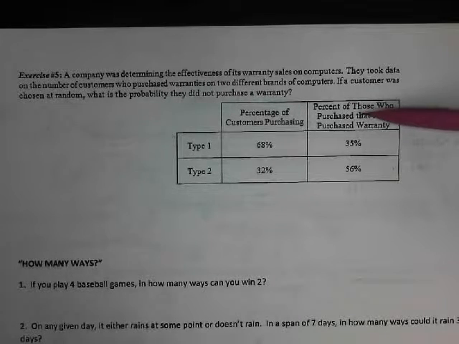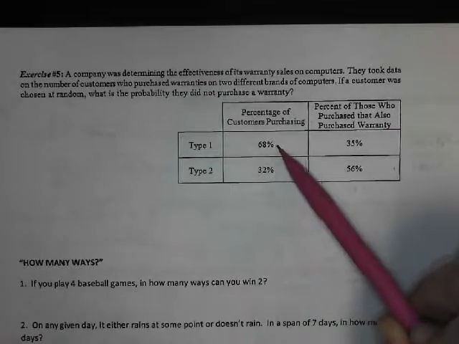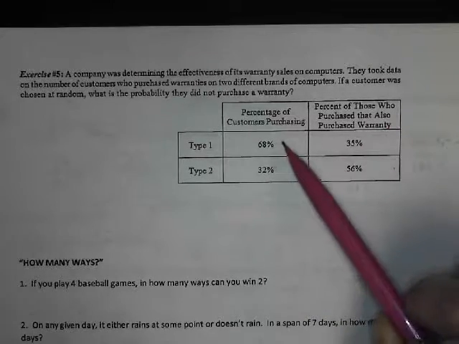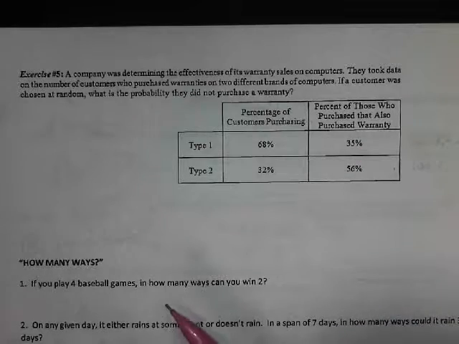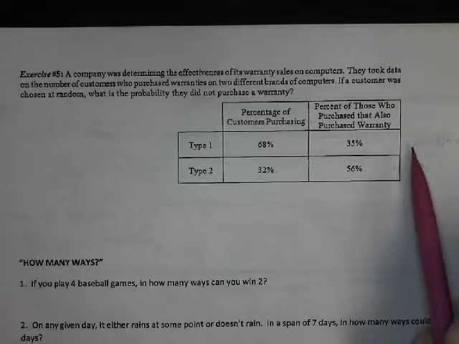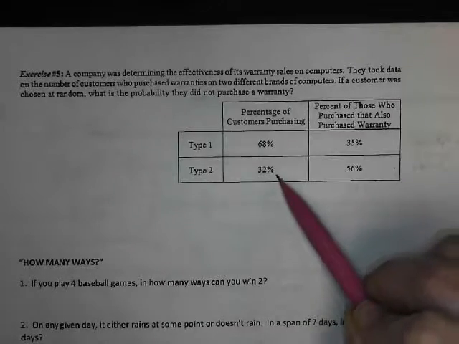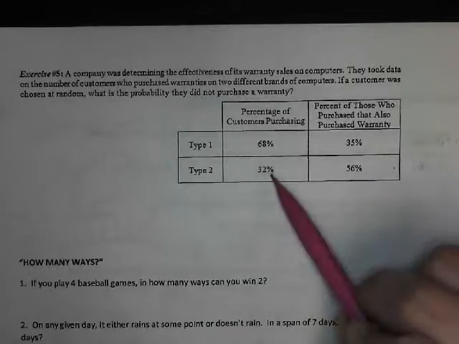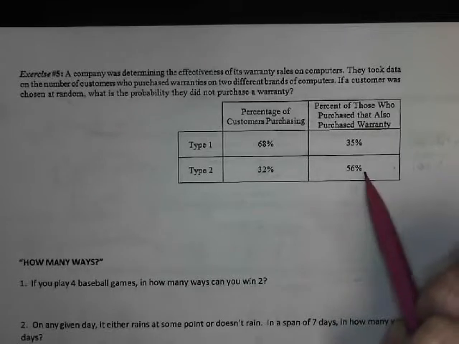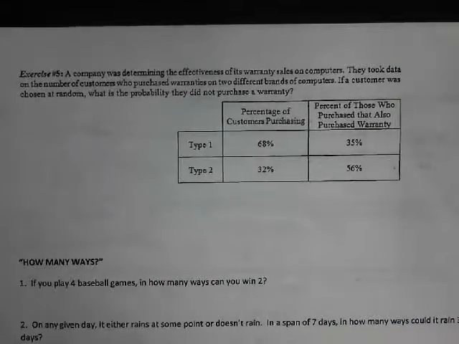Percent of those who purchased that also purchased a warranty. So of these people, 35% of those people also purchased a warranty, which means 65% of them did not. And of these people, 56% purchased a warranty, and then the rest did not.